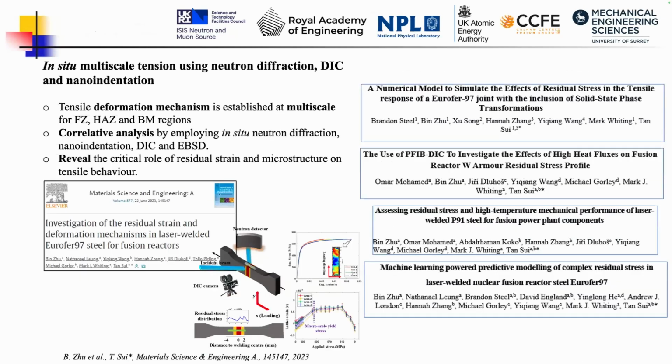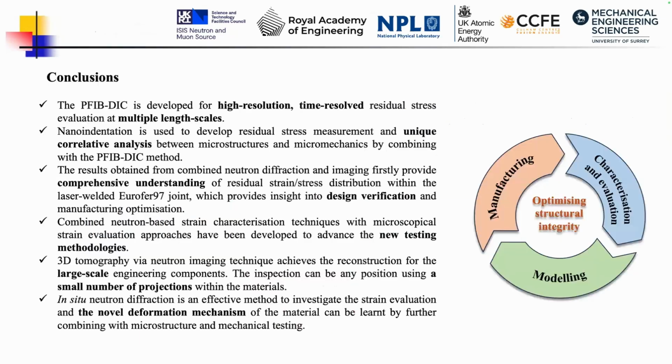There is lots of ongoing work under preparation, which demonstrates that our research focus is really to commit to the residual stress quantification and modeling, and eventually we hope we're able to optimize the materials processing, as mentioned at the very beginning, and minimize the detrimental residual stress.